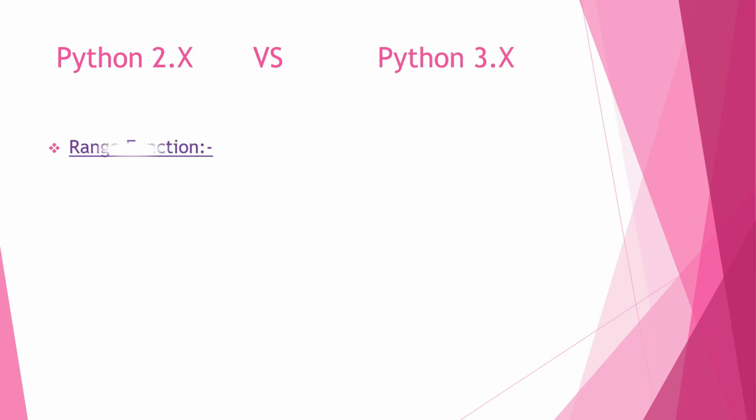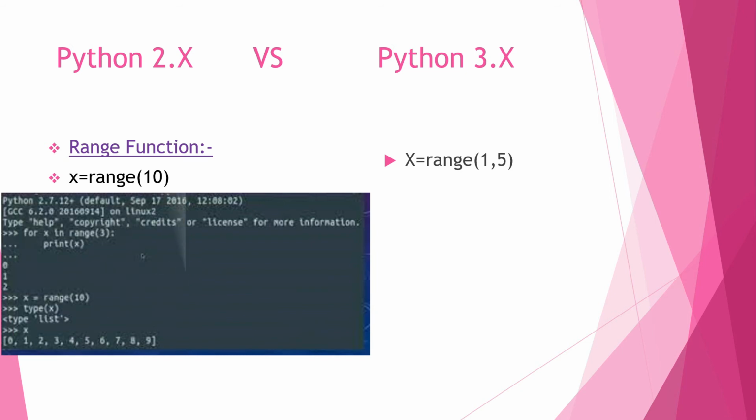The fourth difference is the range function. So we take a variable x is equal to range of 10. So this will print a list 1 to 9. The range 10 is assigned to variable x, and when we check the type, it will return list.